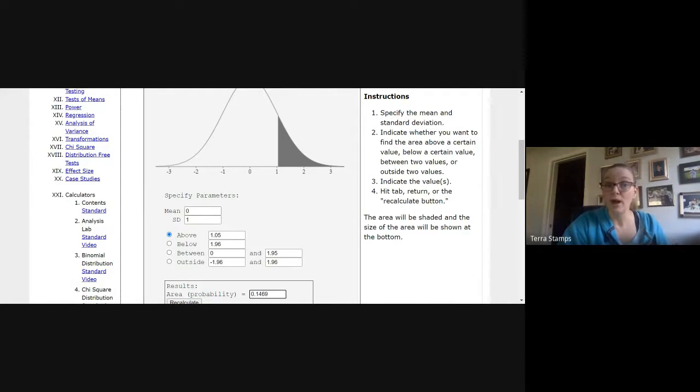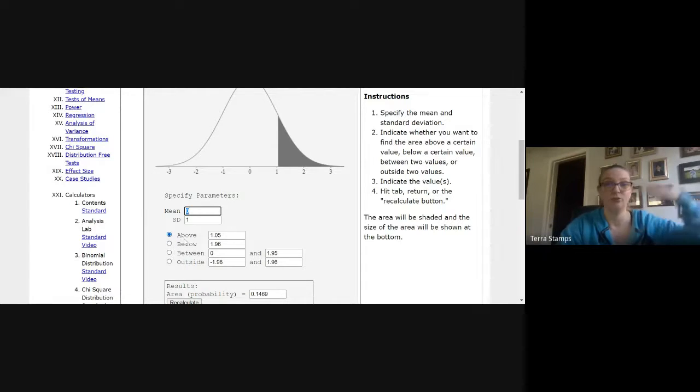Now, if it's one of those word problems where you're given a mean and a standard deviation, like, let's see, which one was it? Maybe number 32. Yeah, so you're given that the life of some tires is 29,000 miles, standard deviation of 2,000. So with that one, you would put in the given mean and standard deviation, and then click on whichever one you want.